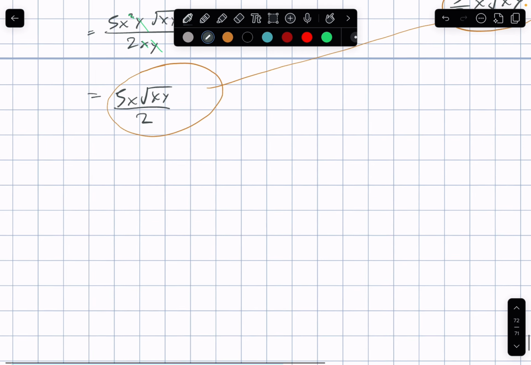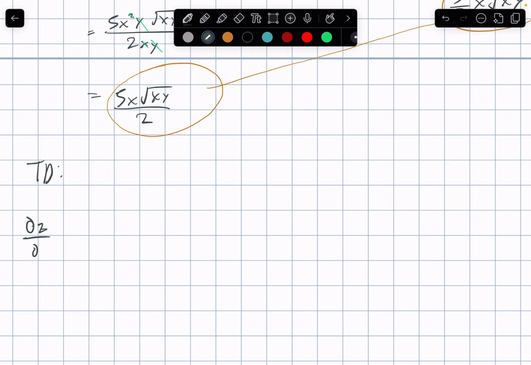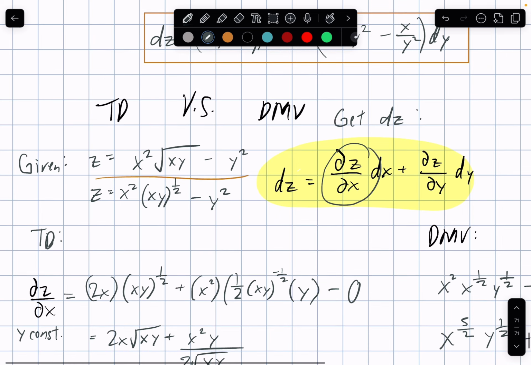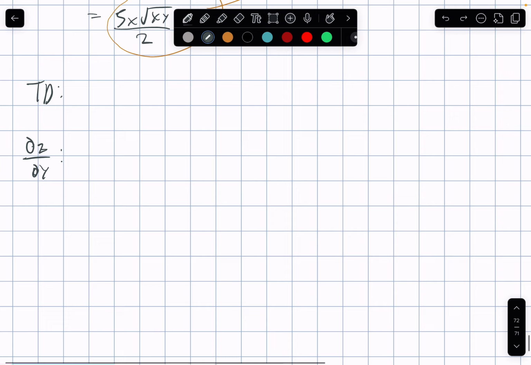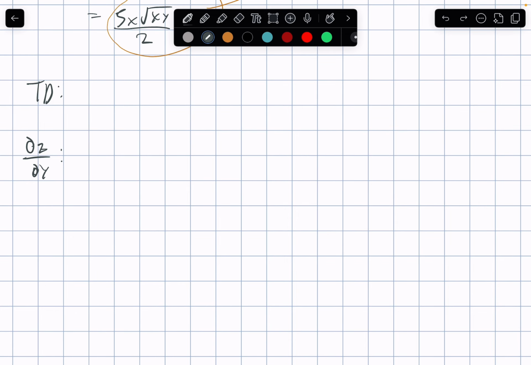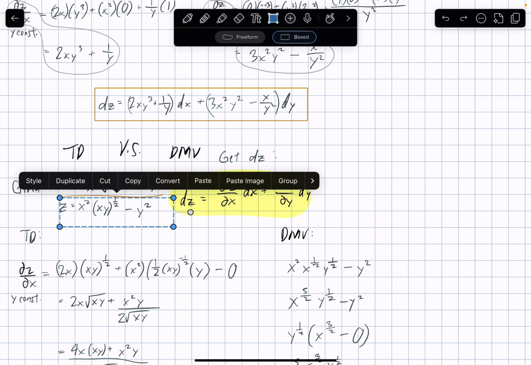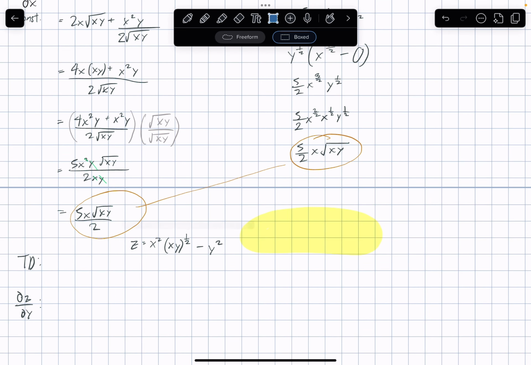Let's continue. This time we'll be finding partial z over partial y. So we already found this, now that one. So let's copy this below.